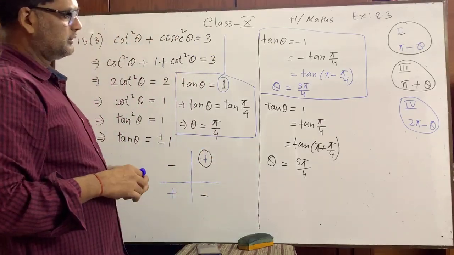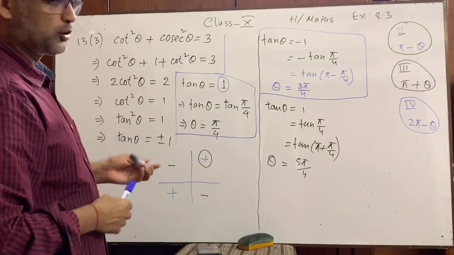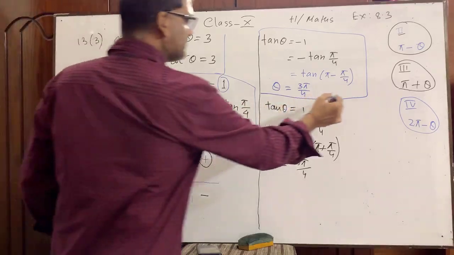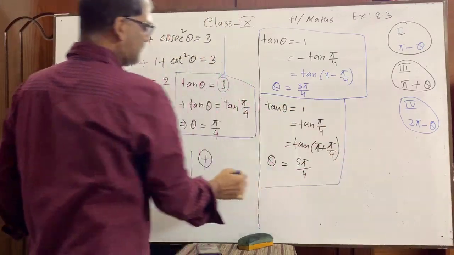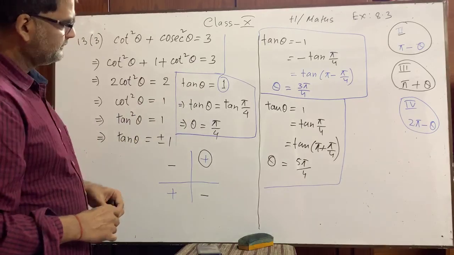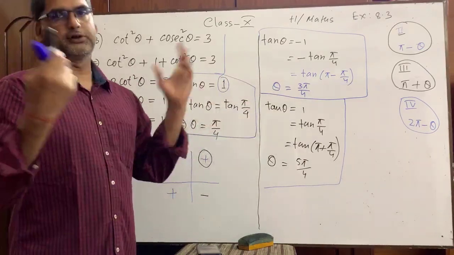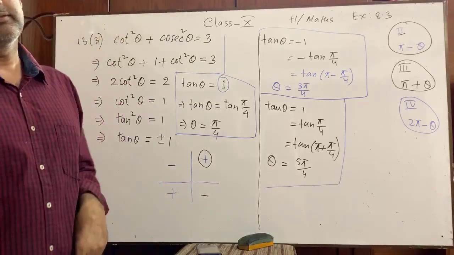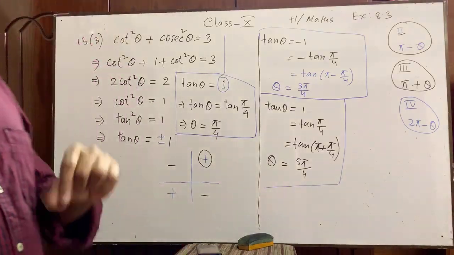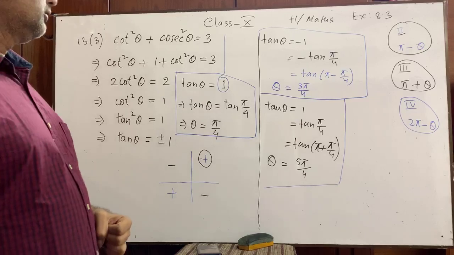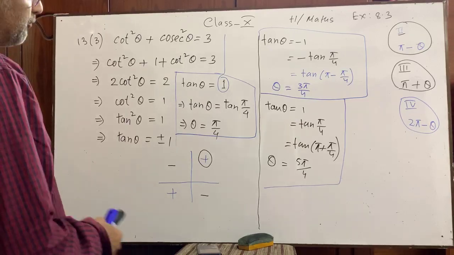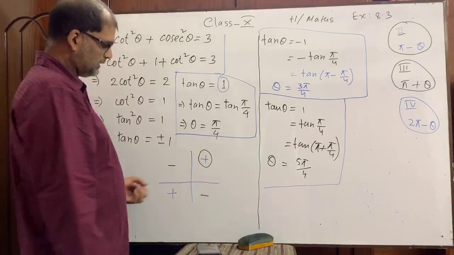So we have got the value in the third quadrant. This is first quadrant, this is second quadrant, and this is third quadrant. Okay, what is left? The fourth quadrant is left to find out the value. Okay, that's good. Now fourth quadrant, you see negative value.